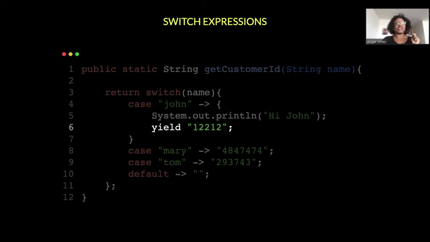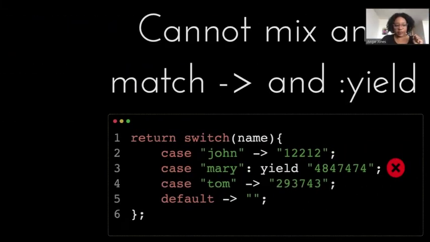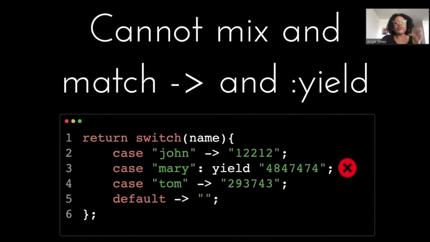All right, let's talk about some rules with switch expressions. You'll need to use the arrows or the colon. You can't use both, right? So line 3 here would give you a compilation error because it's a different kind of case from line 2.